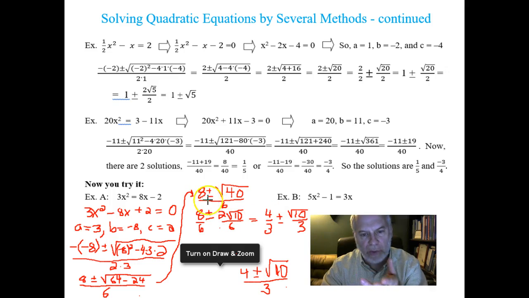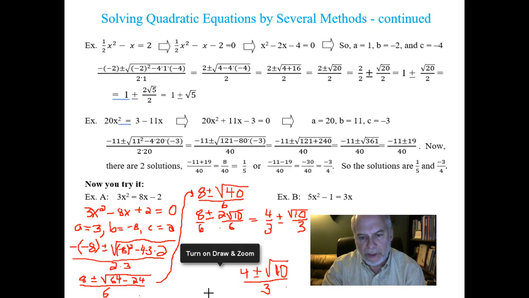So it's 8 over 6 and 2 square root of 10 over 6. And you could reduce. 8 over 6 reduces to 4 over 3. And the 2 cancels on the 2 radical 10 over 6. And you get square root of 10 over 3. And then you can bring them back together because they both have the same denominator and say 4 plus or minus the square root of 10 over 3.